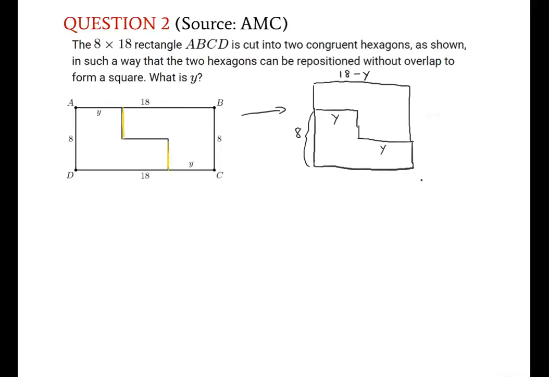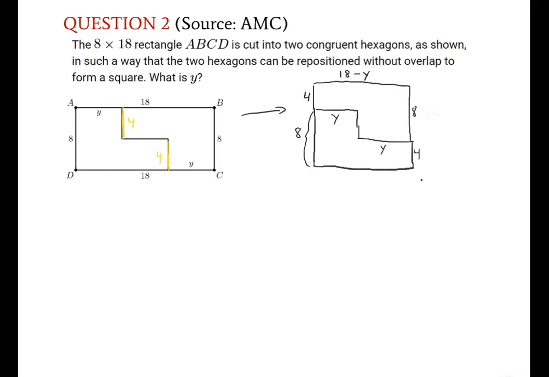And since both of these yellow lines make up half of the width, that means it's just 8 divided by 2, or 4. So we know that this side is 4, this is also 4.